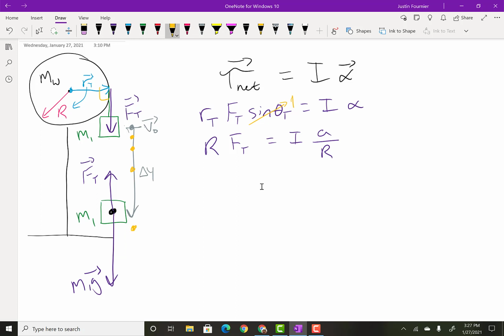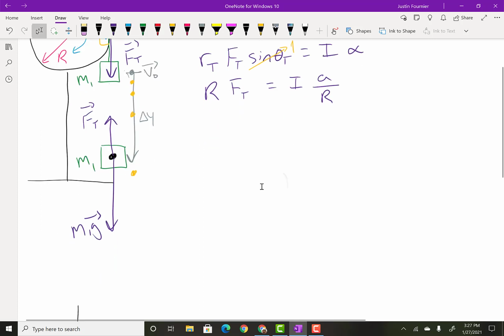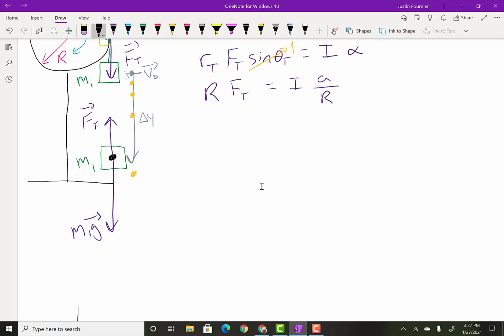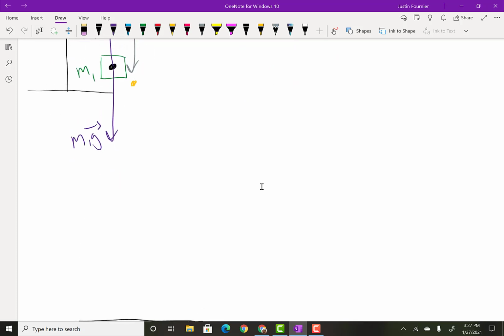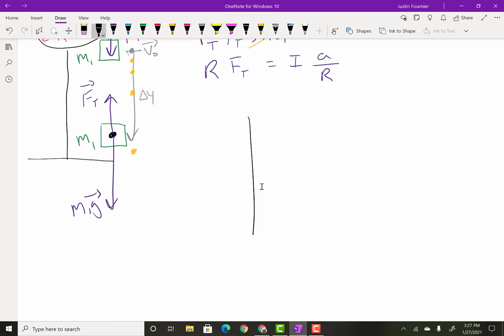I would get more data points than this, and I'd be able to get the time. So the time is constant, and then I'm measuring how far away they are as they go down, and then I could graph my displacement as a function of time.